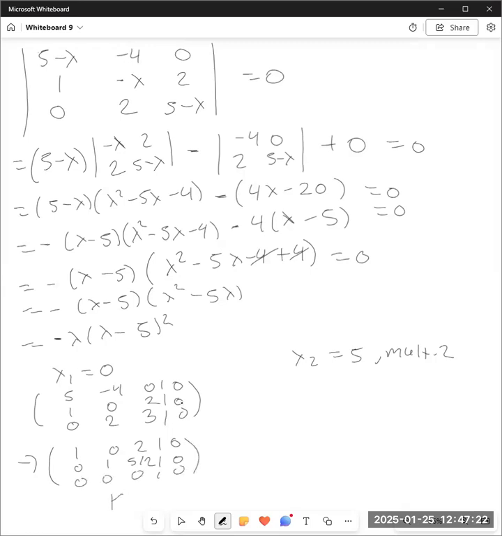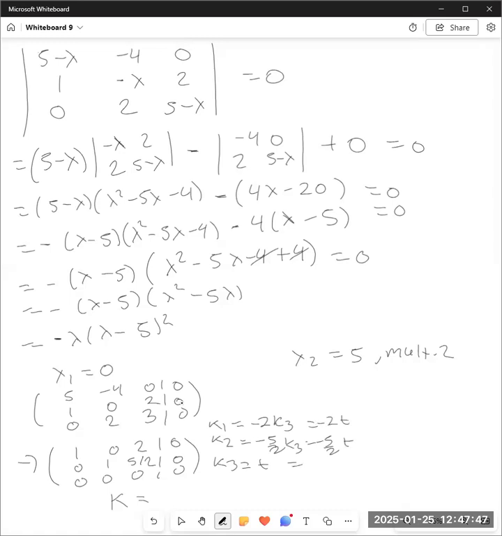So my K here, K1 is negative 2 K3, K2 is negative 5 halves K3, K3 is equal to T. This is negative 5 halves T. This is negative 2T.